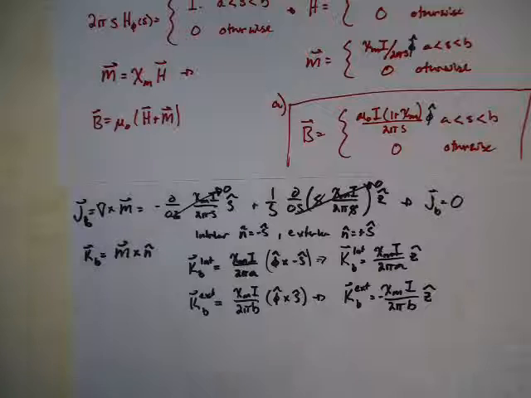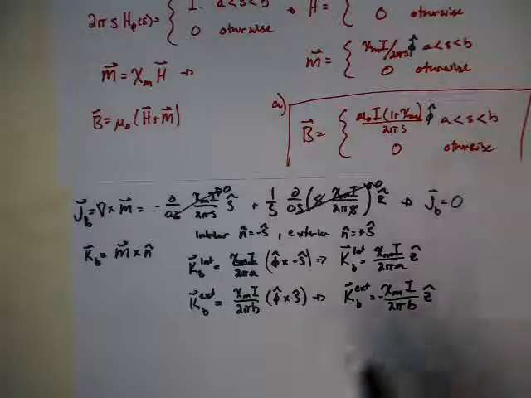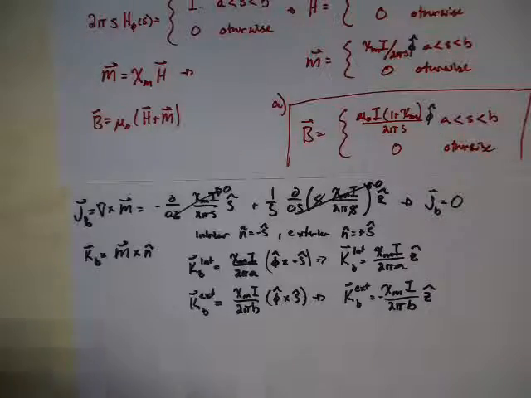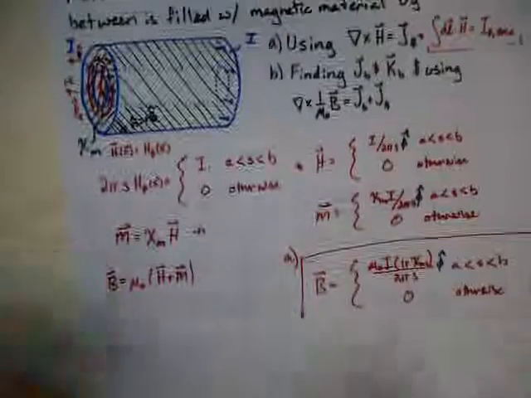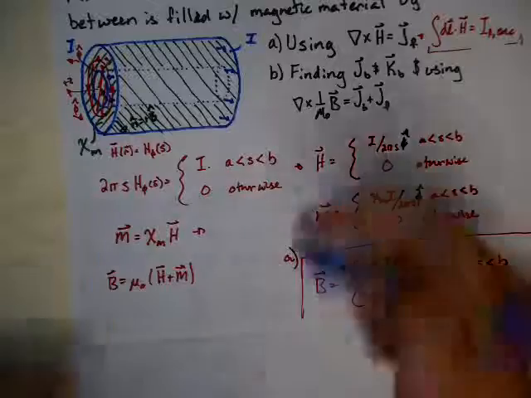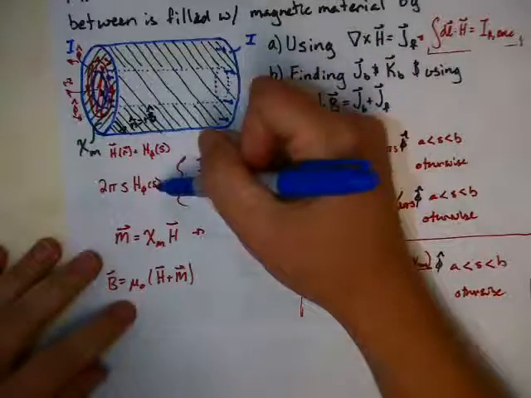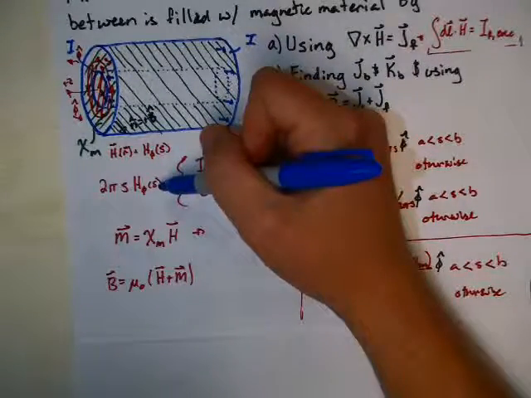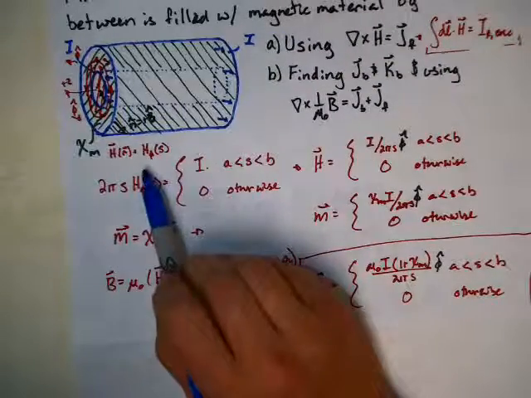Now, all we need to do is do the same math we did up above. Up above, we did some math to find what the magnetic field H was.